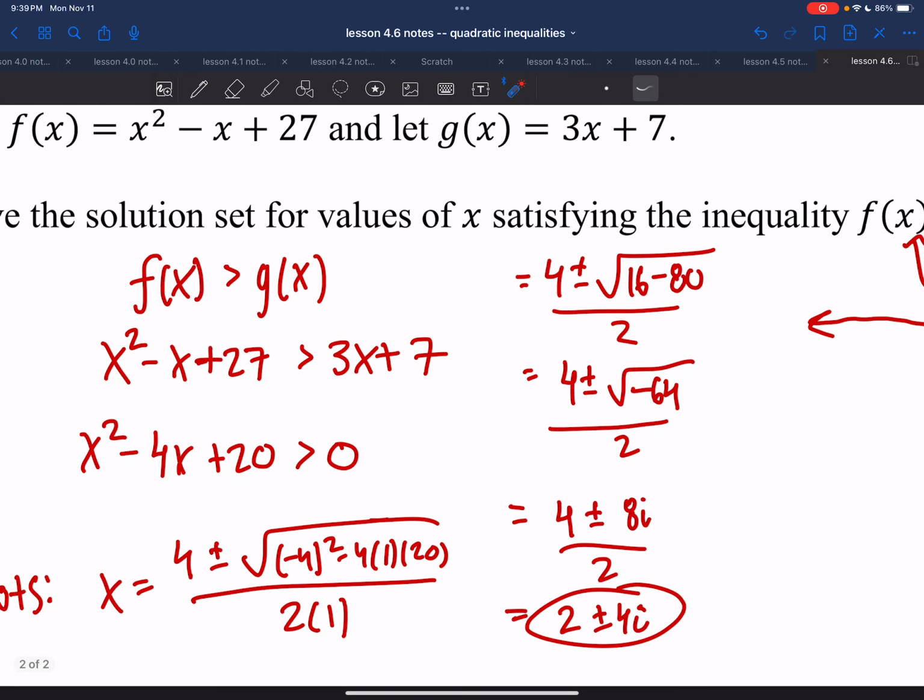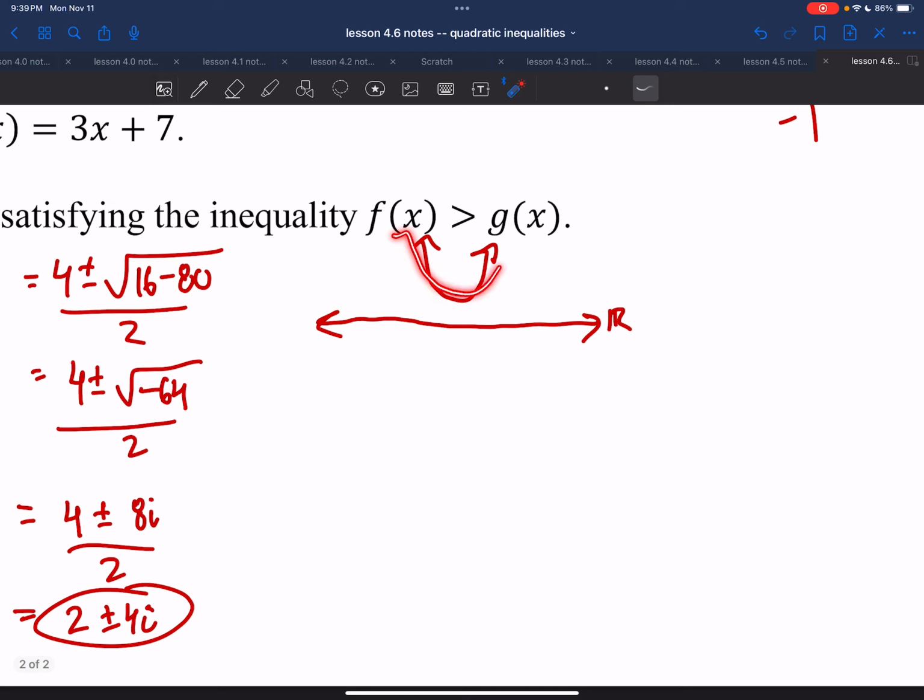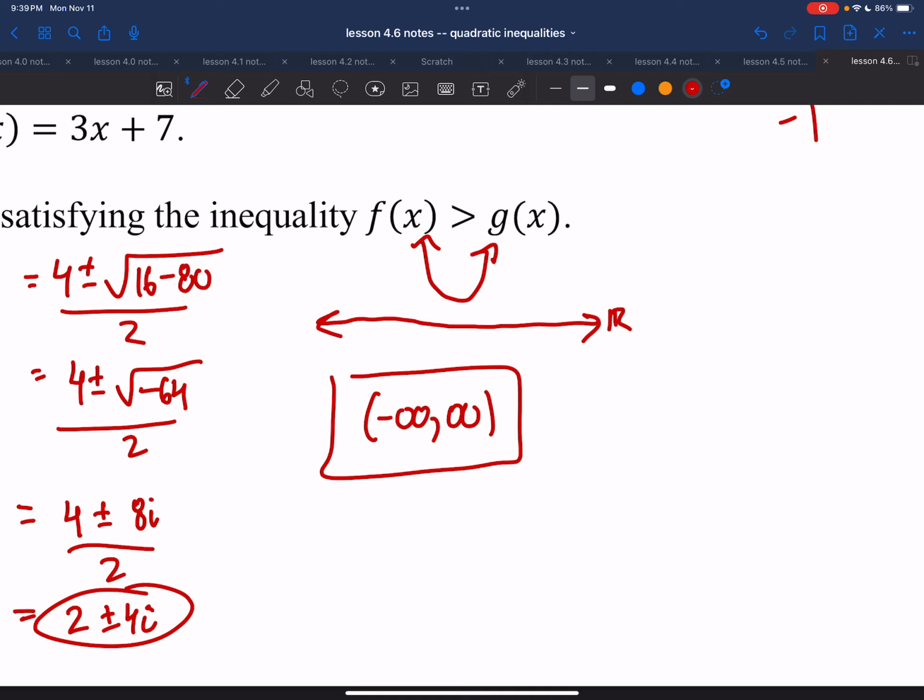And we were interested in when it is positive, because I want it to be greater than 0, so I'm looking for when it's positive. Well, it's always positive. The whole thing's above this. So what that means is my solution set is all real numbers. All real numbers satisfy this inequality.